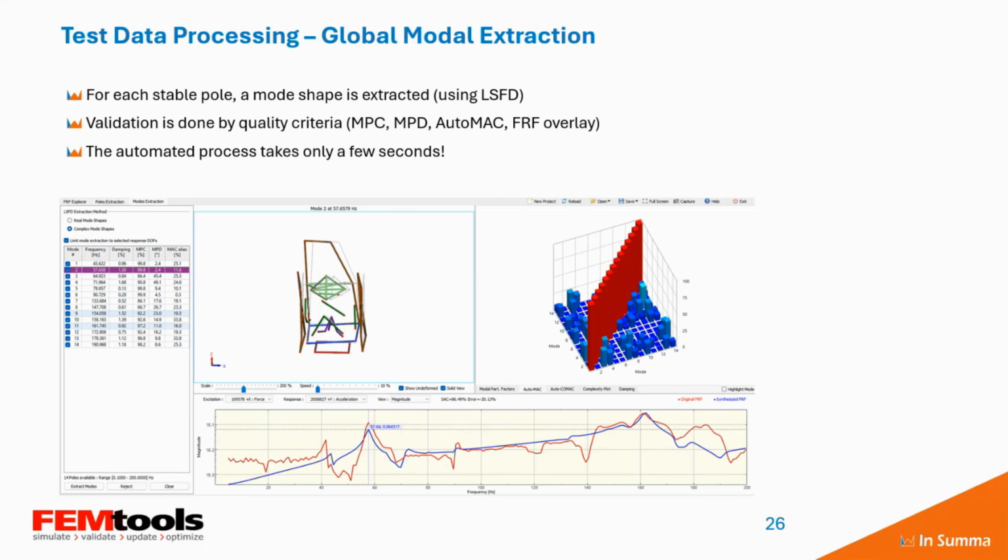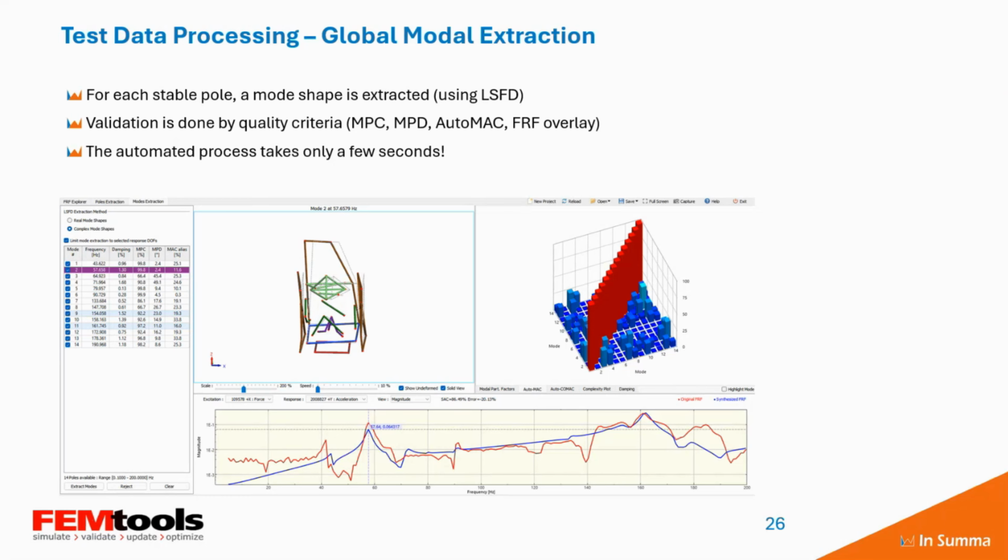What's important here is that the LSFD doesn't pick just one reference based on how dominant it seems. Instead, it combines information from all references at once, because one reference might be strong for some modes, but not for the others. And this approach gives a much better, complete, and reliable modal extraction.